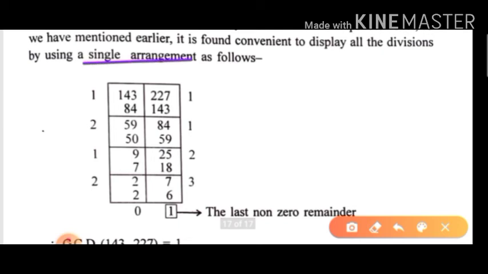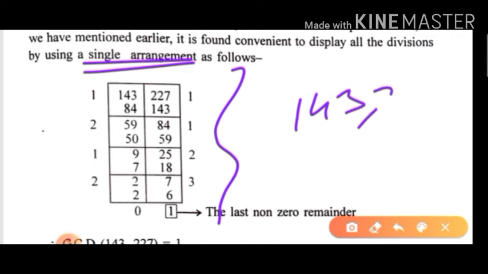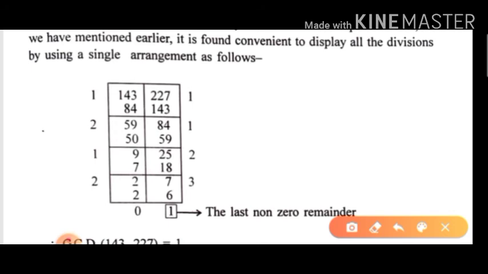This is another way, the single arrangement method. Instead of doing the Euclid's division algorithm, you can also use this method. Here you are asked to find the GCD of 143 and 227. You write the smallest here, the greatest one here, and then you divide.